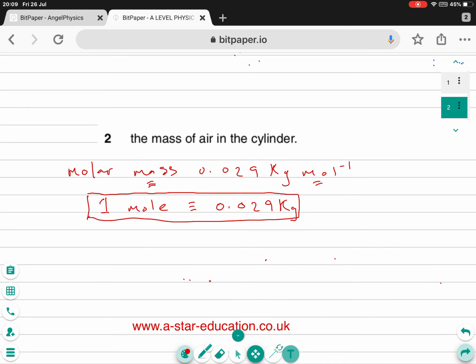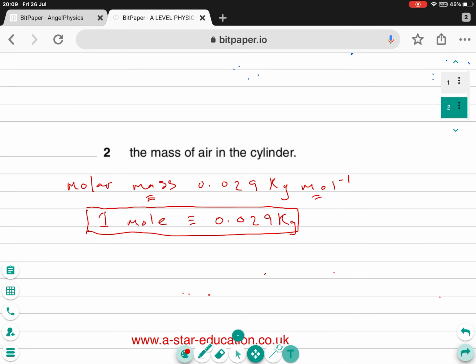All right, so 1 mole is equal to that. So we can say, therefore, 245.58 moles. This is what we calculated earlier on in the first part.